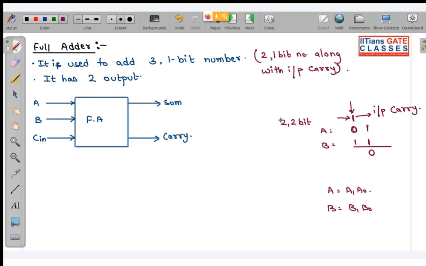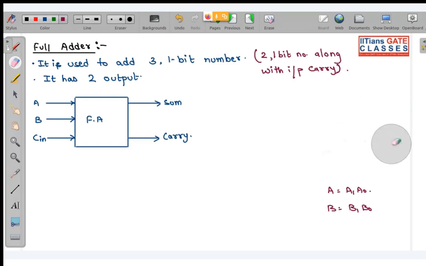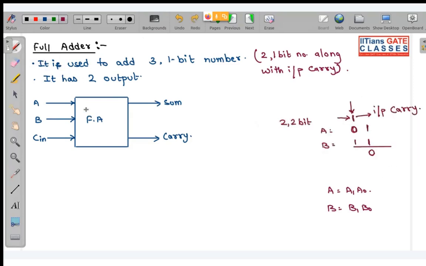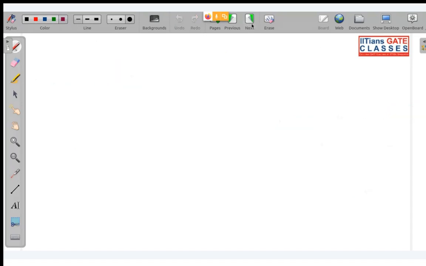So let us see. You can see here also we have 3 inputs: the two 1-bit numbers along with an input carry, and we have sum and carry outputs. Let us try to make the truth table.